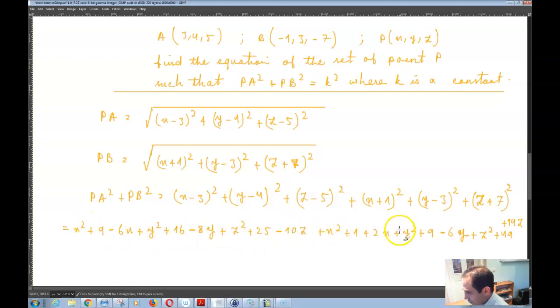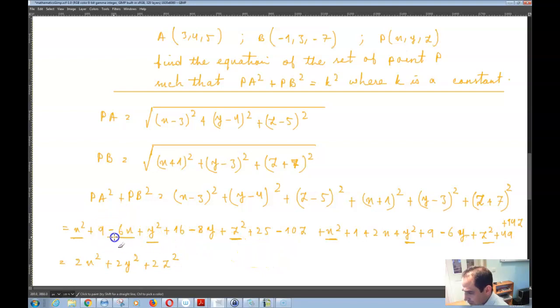Now you have x squared here and x squared here, so you have 2x squared. You have y squared here and y squared here, so you have 2y squared. And z squared and z squared, so you have 2 times z squared.